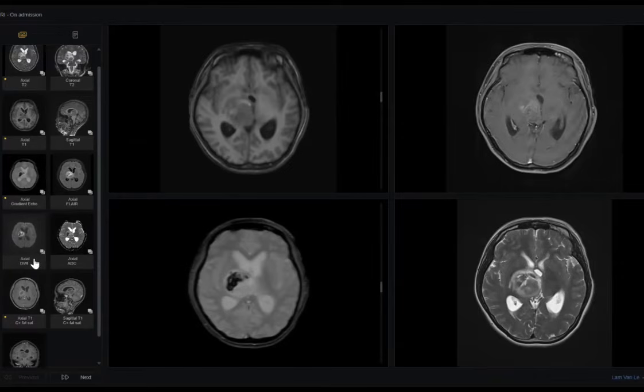What happened here? We found this mass by T1 and T2, and this case shows how important the T1 and T2 sequences are. So again and again, when you are presented with MRI, please have a look at the T1 and T2.